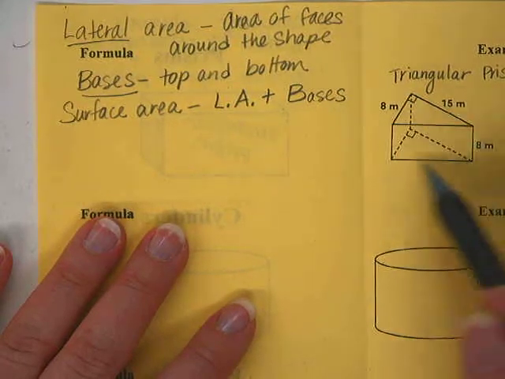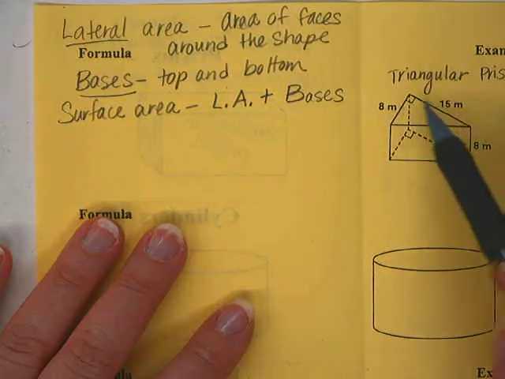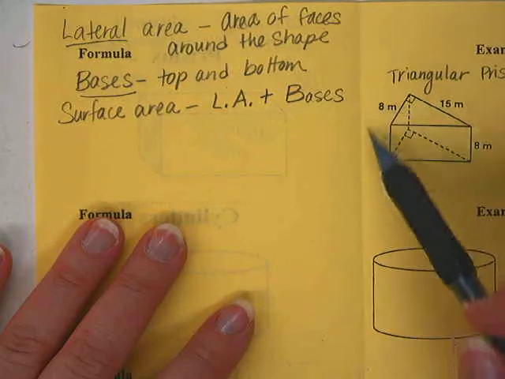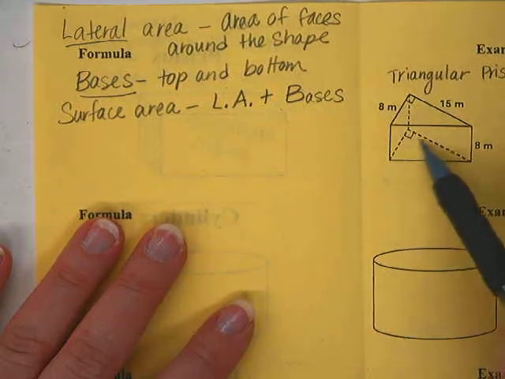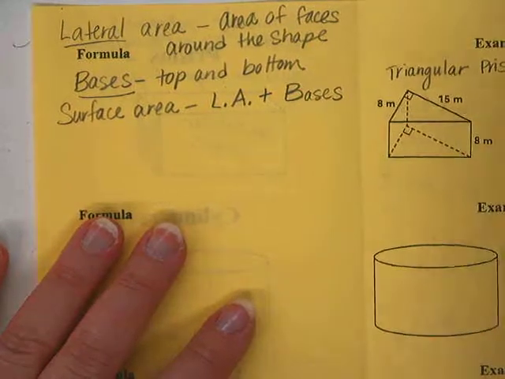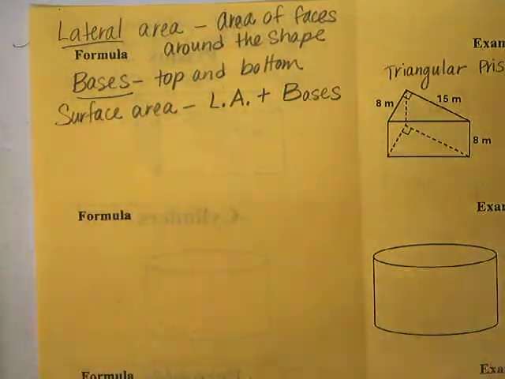So in this case, in a triangular prism, this one we're going to find the lateral area and the surface area of it. The lateral area would be the rectangles that are around the outside. The bases would be the area of the triangles. And the surface area would be adding those things together.